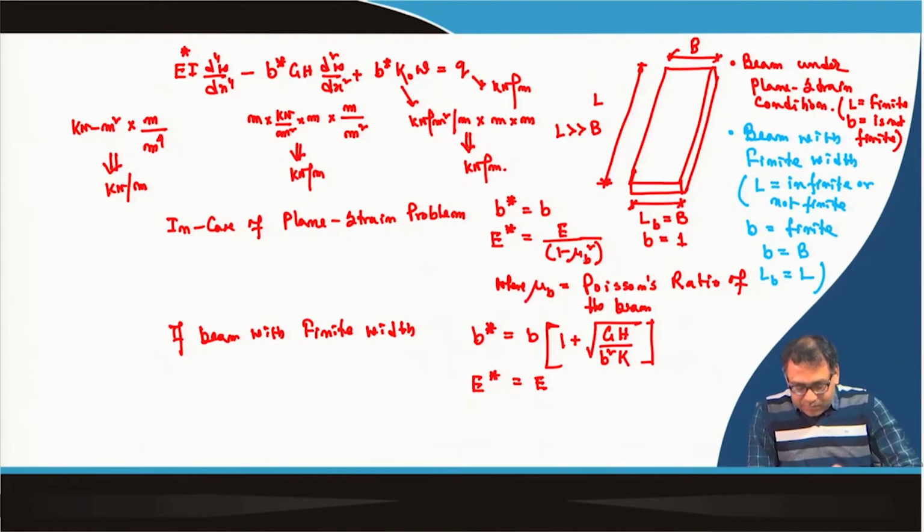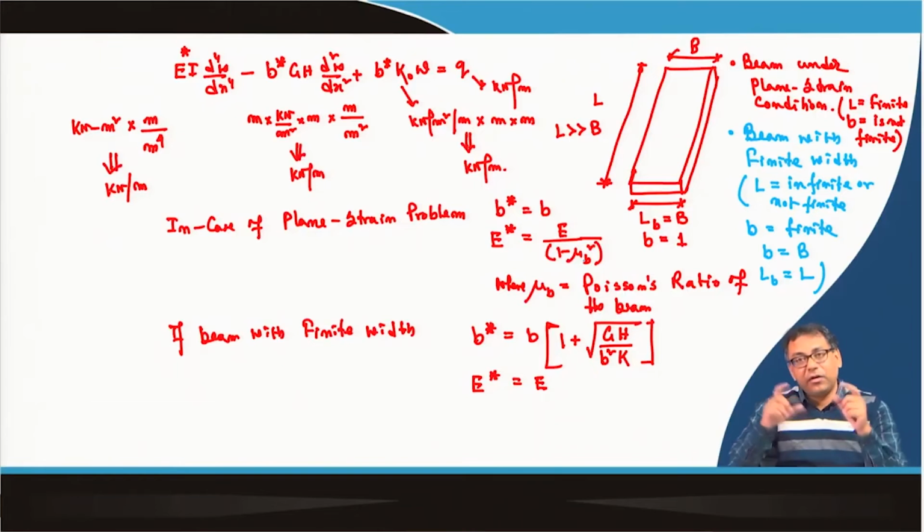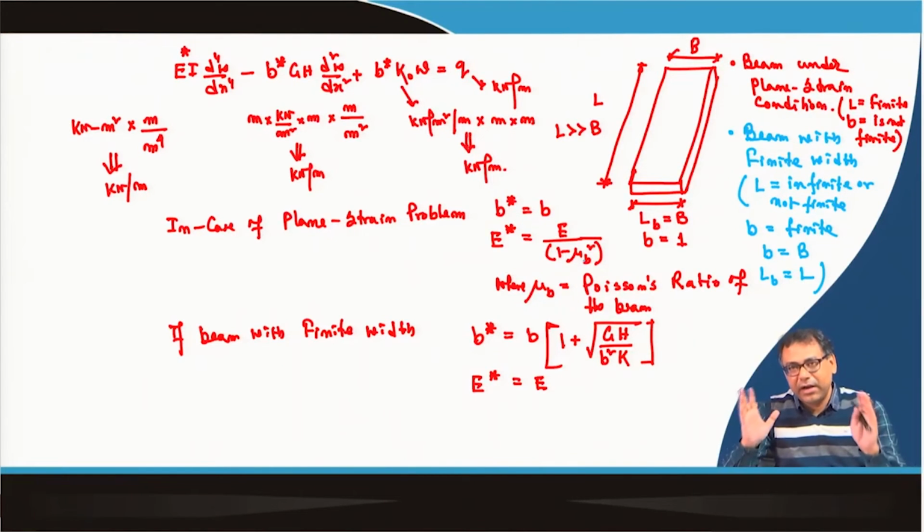And if beam is finite width, even for infinite, so that means it is an infinite beam which has the finite width. For example, the railway track where the length is infinite, that means beam with finite width case. Second case where the beam has a finite width, but the length is not finite, that means I have written in the blue color.